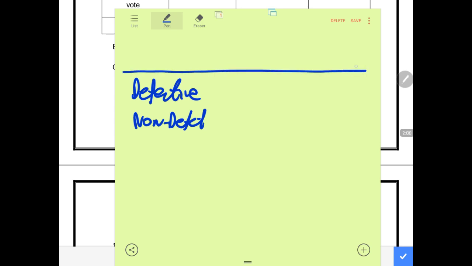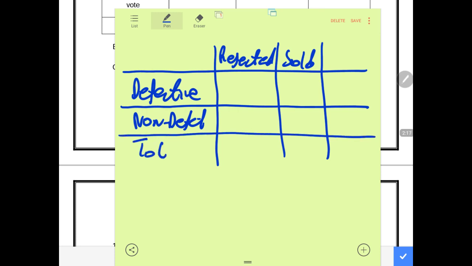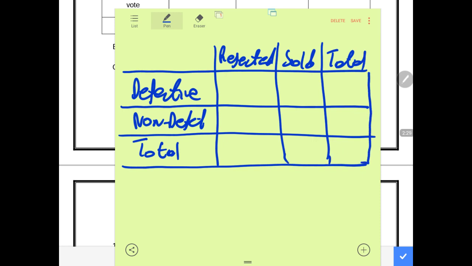Then we can draw the line and say there are those that were rejected and those that were sold, because if the customer does not reject a product, that product will be sold. Then in the last column, we have the total. I don't draw this very formally, but it's very easy to draw. You draw your lines and you are done. Always like this when you draw a contingency table.